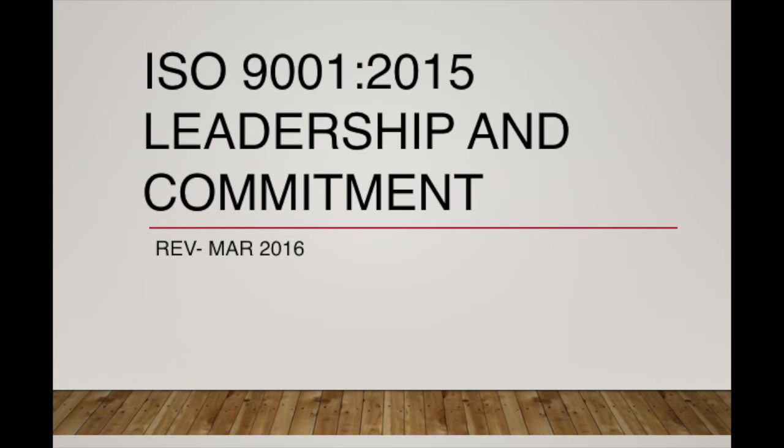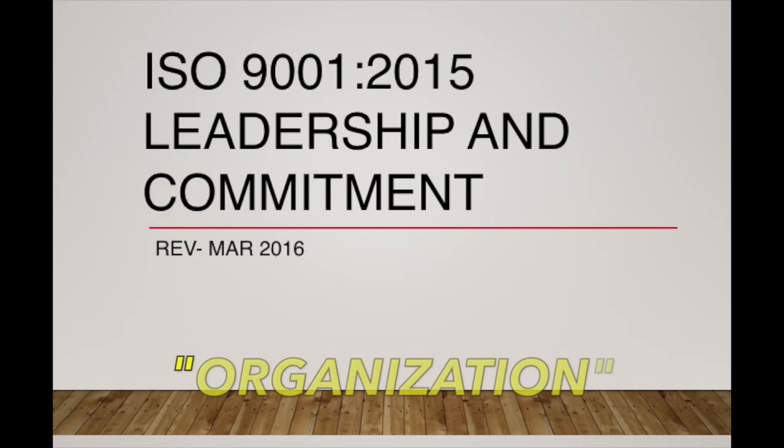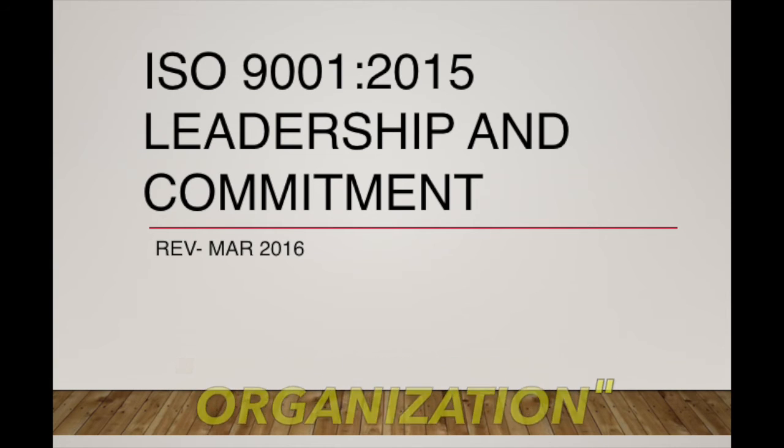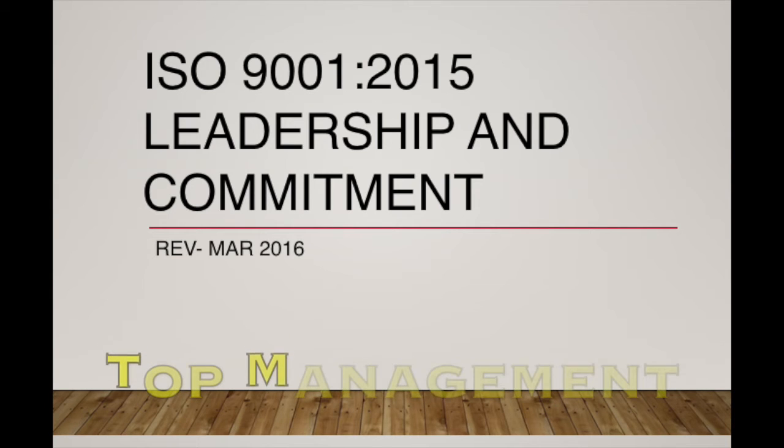There are several sections of the standard that speak to the organization considering or establishing certain criteria or requirements for the quality management system. When the term organization is used, it is referring to leadership and, more especially, top management.